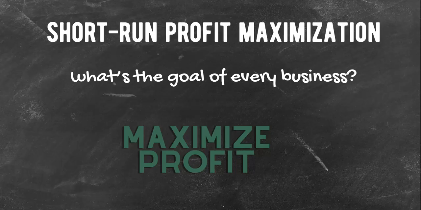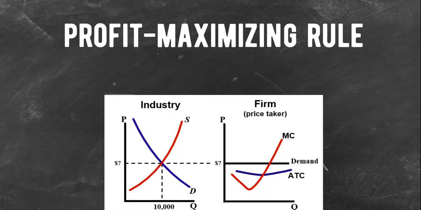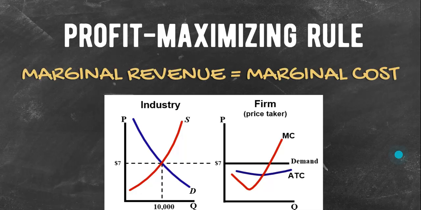That's where your marginal revenue equals marginal cost, and that's the point at which profits are highest. In the short run, every business aims to produce the quantity of output where marginal revenue equals marginal cost. So MR equals MC is the profit maximizing rule.